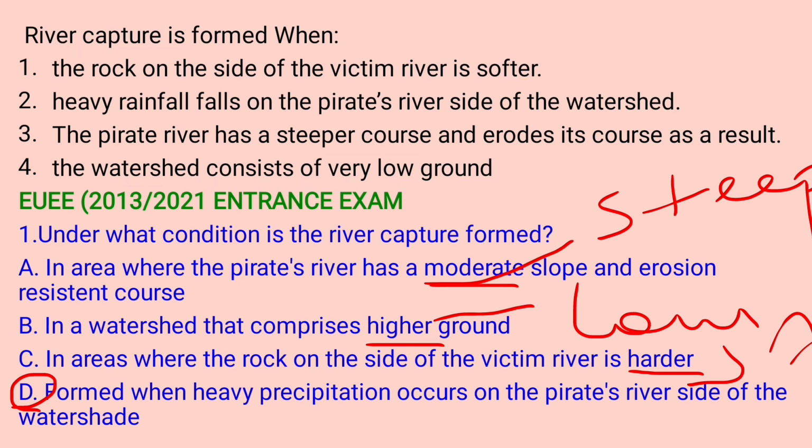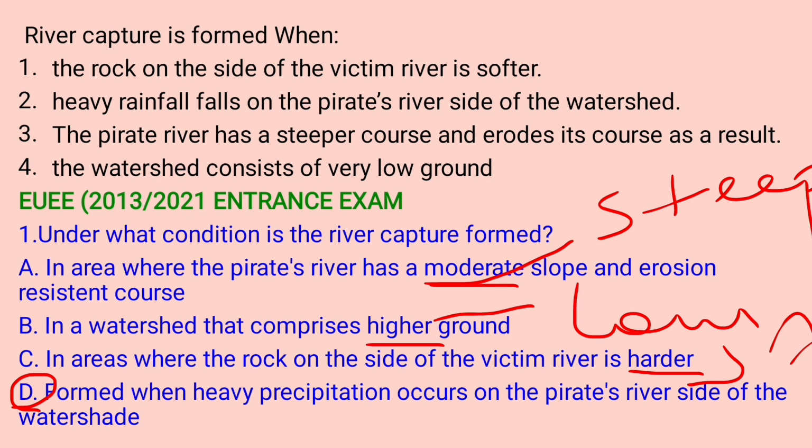So let's see one question about our discussion. The Ethiopian University entrance exam of 2013 or 2021 asks: under what condition is river capture formed? A. In areas where the pirate river has moderate slope and erosion resistant courses.